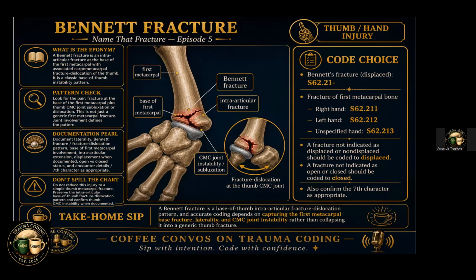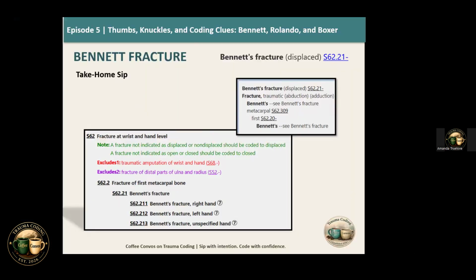But if you have that carpometacarpal joint instability documented, that would be a separate code. It's not automatically included because it doesn't always occur, but it is a common theme for the Bennett fractures.